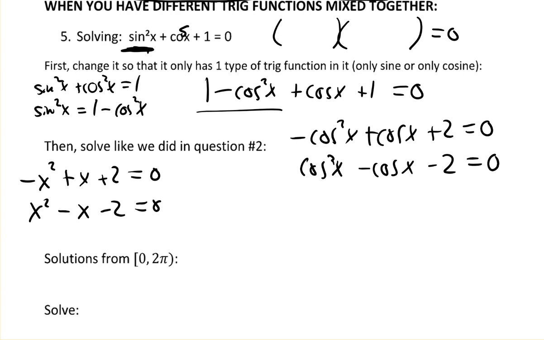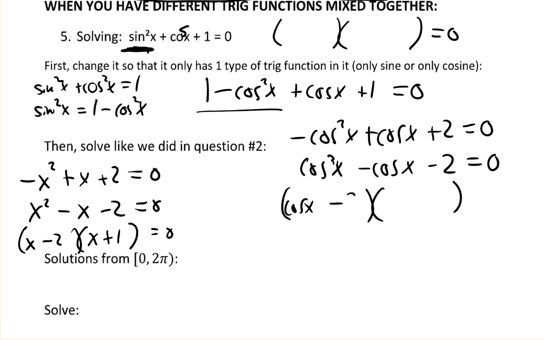So maybe I'll do that. And then this factors as an x minus 2 and an x plus 1. So then this means this guy would have to factor as a cosine x minus 2 and a cosine x plus 1. You can always check by foiling. It's the same thing though. Same logic behind it.